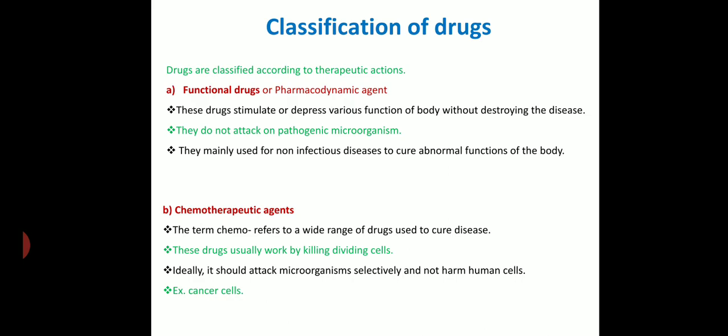Now we see the classification of drugs. They are classified on the basis of their therapeutic actions: functional drugs and chemotherapeutic agents. Functional drugs stimulate or depress the function of the body without destroying the disease.